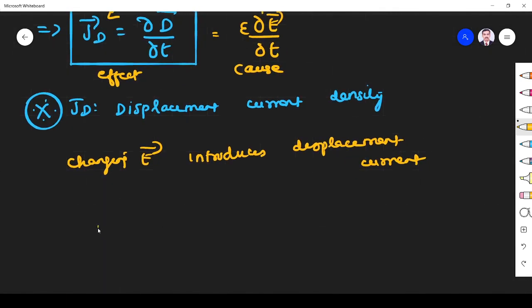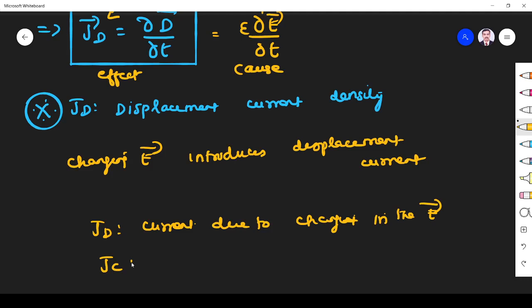So what do you mean by displacement current? It is a current, right? So this current is nothing but current due to change in the electric field, right?